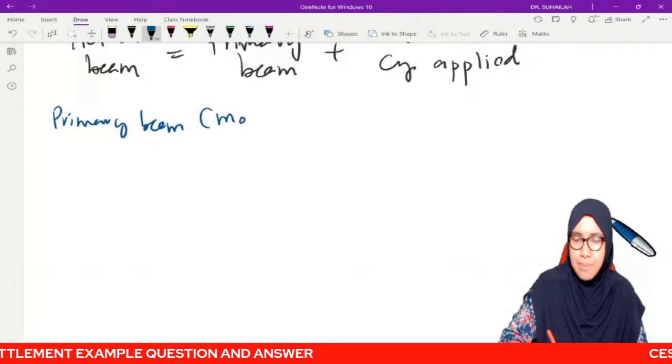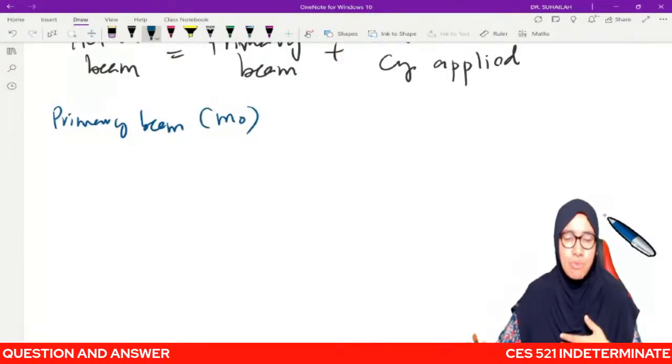In the primary beam, we will get M naught.